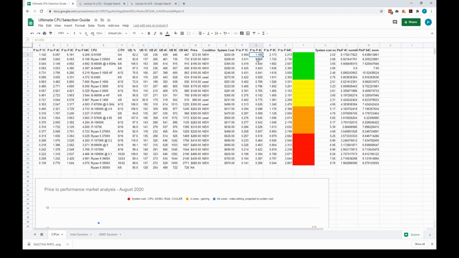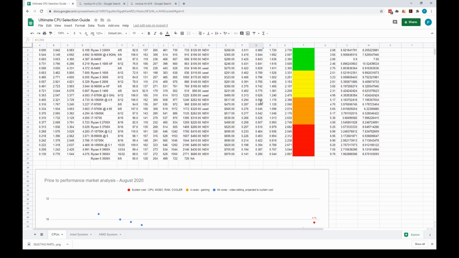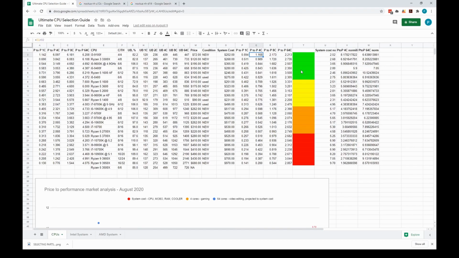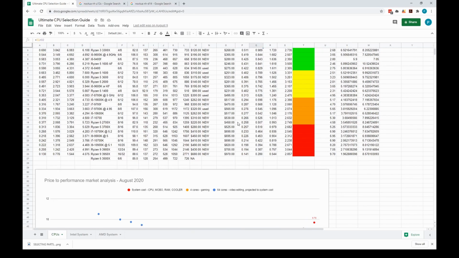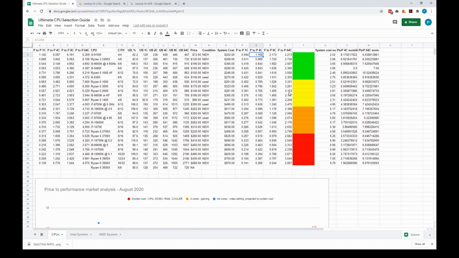So basically you have to look at this graph, and it just gives you numbers, but at the same time you have to consider a bunch of other factors. What it gives you is a picture of what is what in terms of price to performance. So what I did farther down, I normalized all of the numbers.